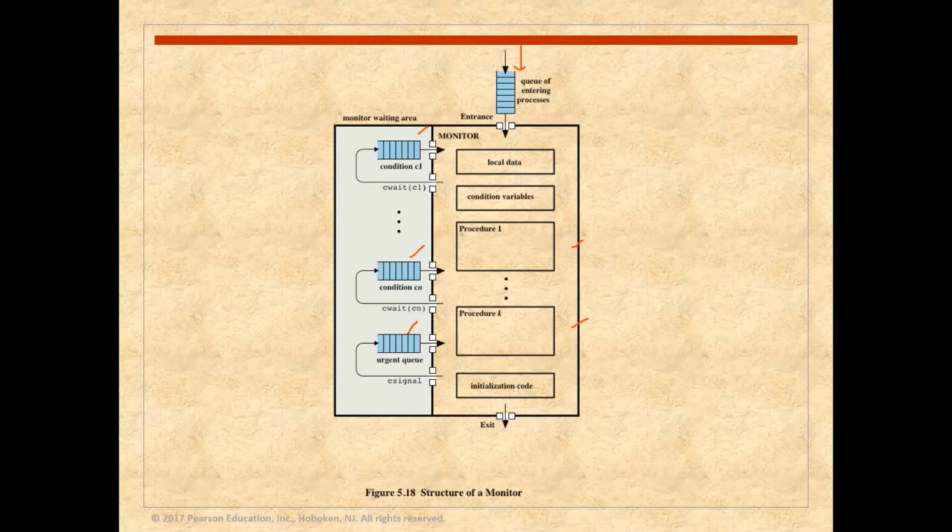This is the idea of having a monitor. As for the solution, we really need not go into details as long as you get the idea of what a monitor is.